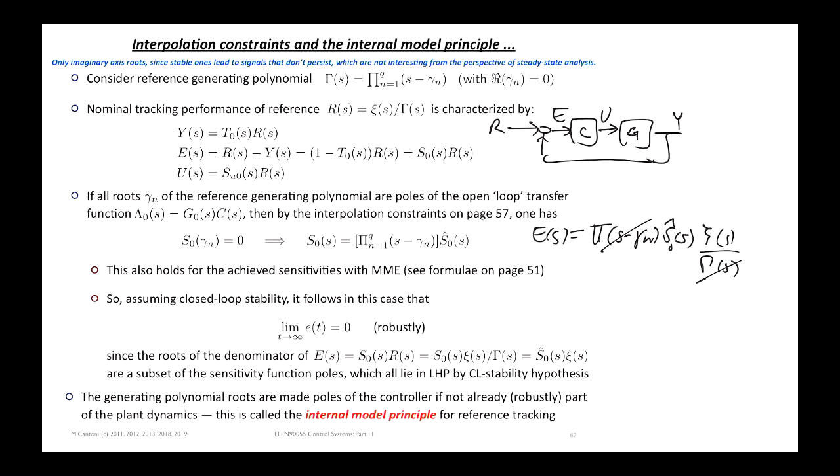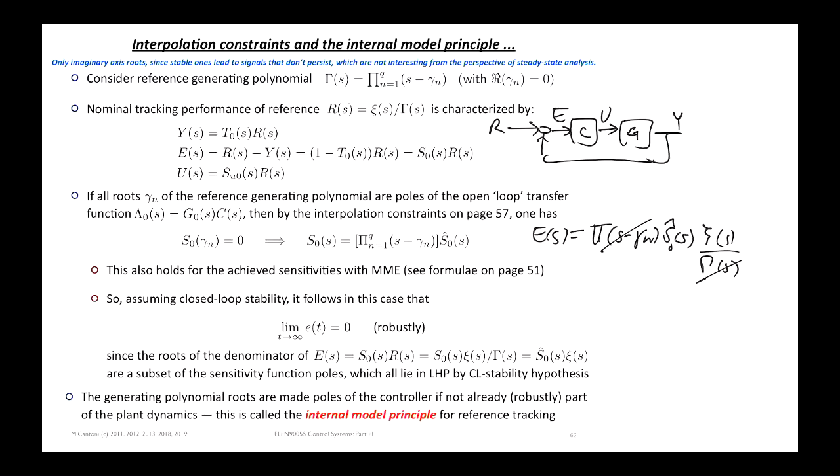And this is called the internal model principle. The way to ensure that you have these roots of the generating polynomial as open loop poles is to make them poles of the controller. You can always do that. The controller is what you're designing. You're choosing it.